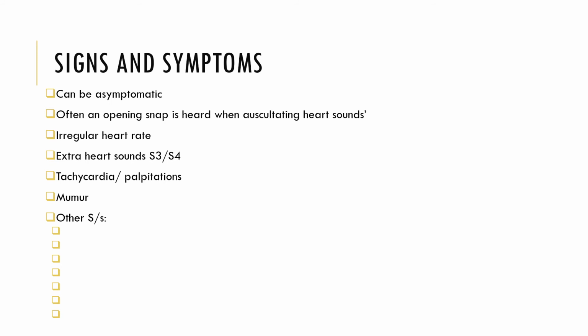Mitral stenosis, they can have fatigue, dyspnea, heart palpitations, crackles, and murmurs. With mitral regurgitation, the S1 sound diminishes. They can have chronic fatigue, dyspnea on exertion, palpitations, and murmurs.